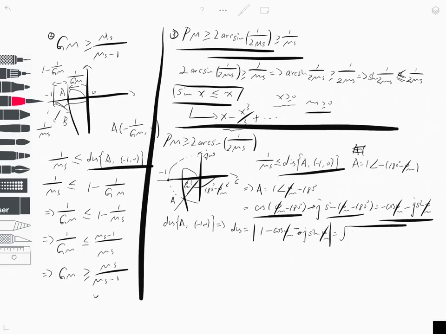It's the root of 1 minus cosine phi m, the square is outside, plus sine phi m squared, right? And if we try to simplify that, we will have 2, because 1 here, 1 plus cosine phi m squared plus sine phi m squared, minus 2 cosine phi m.